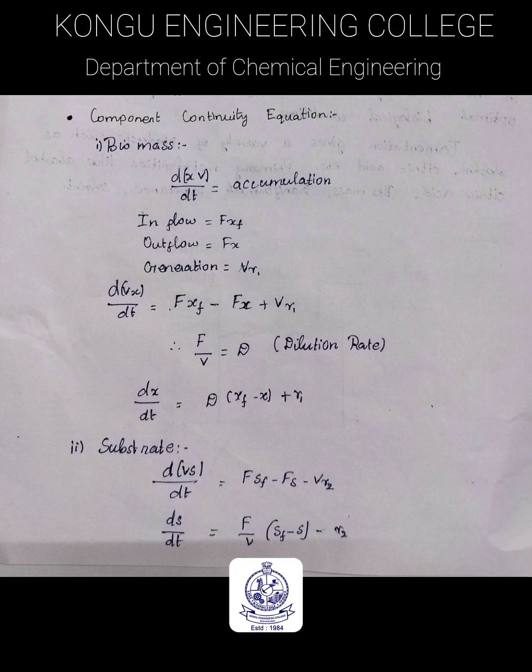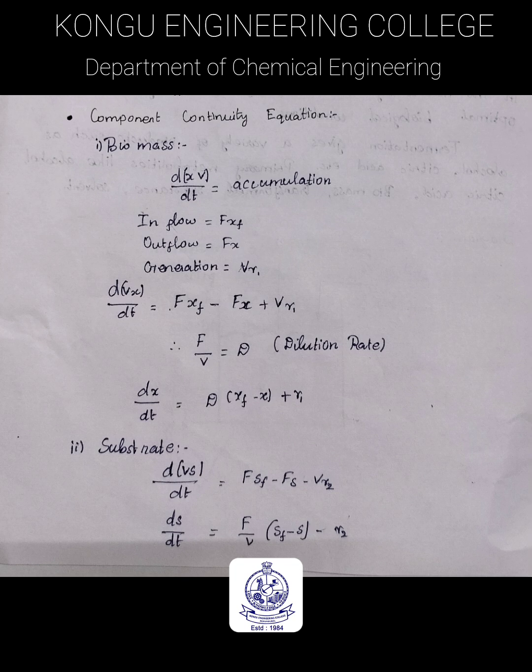Inflow, where Fxi is the concentration of biomass in the influent. Outflow, Fx, where X is the concentration of biomass in the effluent. Next, generation, where V·Rx, where Rx is the rate of biomass growth per unit volume. Putting it all together, we form this equation.